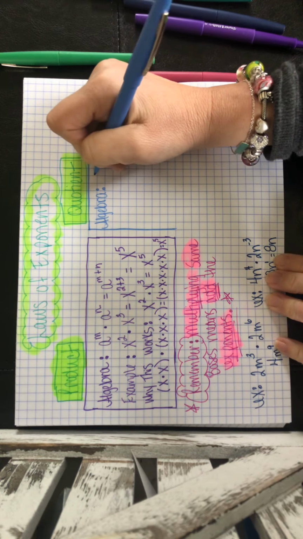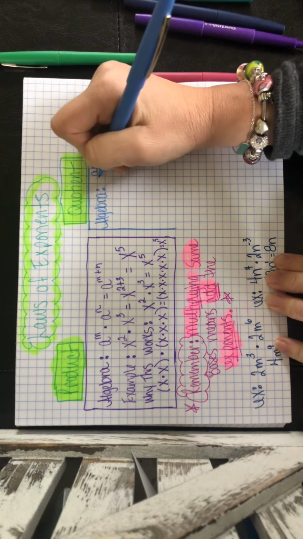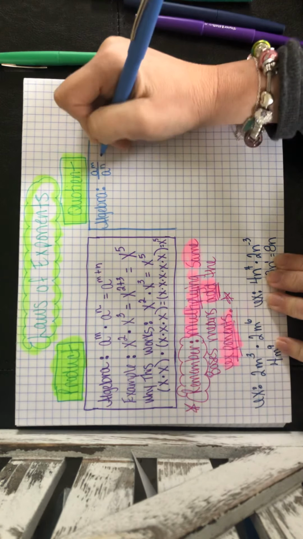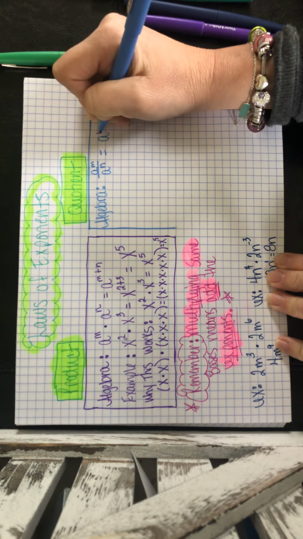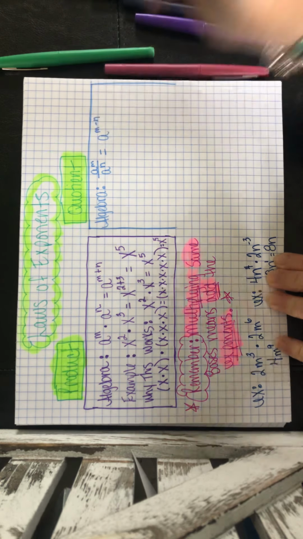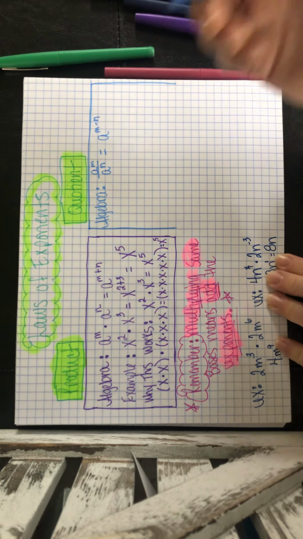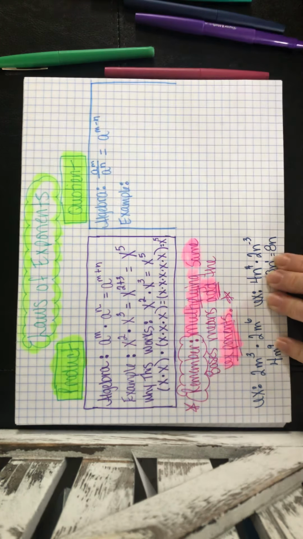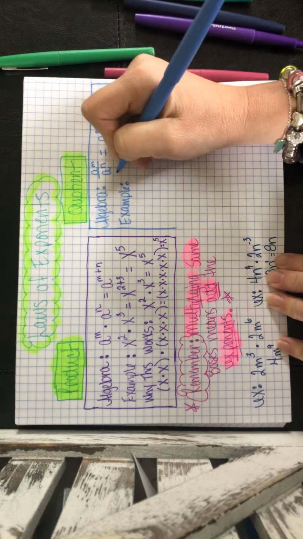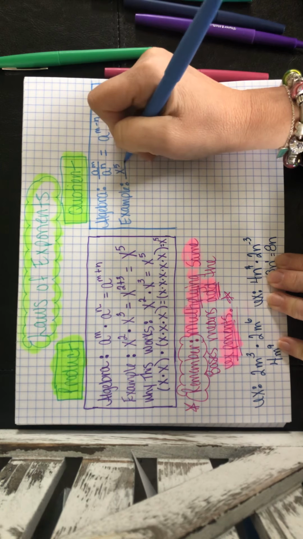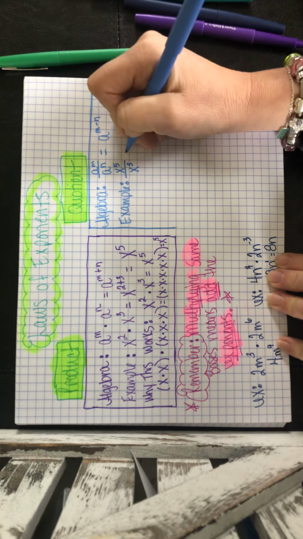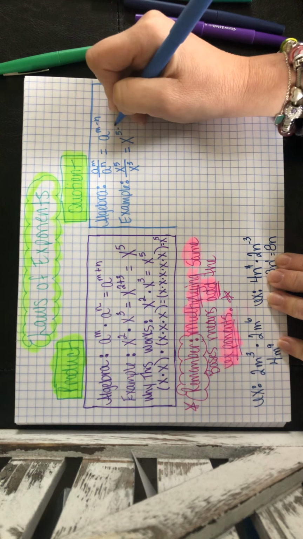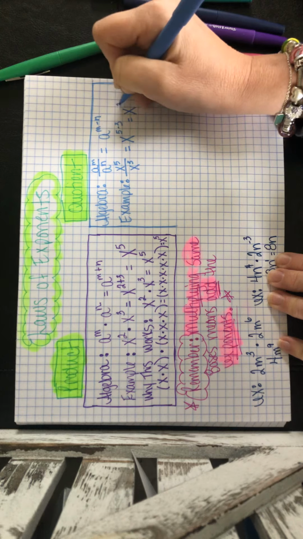So in this case, if we have a to the m divided by a to the n, this is the same thing as doing a to the m minus n. So let's look at an example of what that means. If you have x to the fifth divided by x to the third, to get your answer, you're going to do x to the fifth minus 3, which is x to the second.